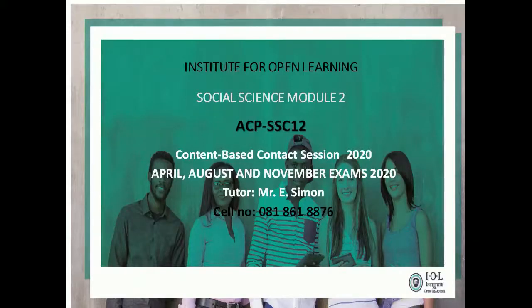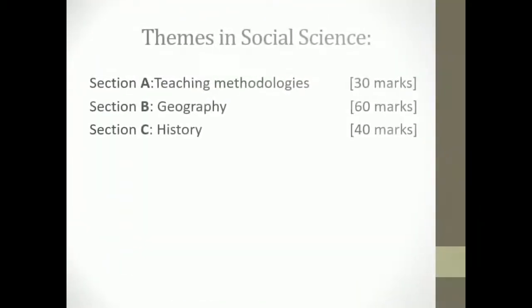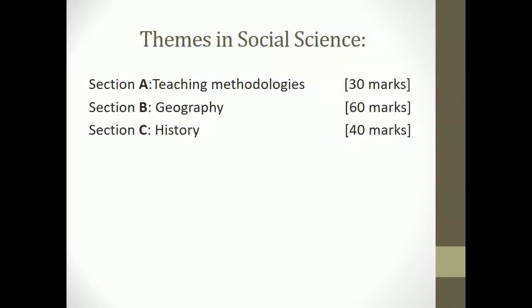Okay, looking at the slides, you can see that we have 3 themes in Social Science, which are section A, teaching methodology, which contains a total of 30 marks, and section B, geography, which has 60 marks, and section C, history, which has 40 marks.